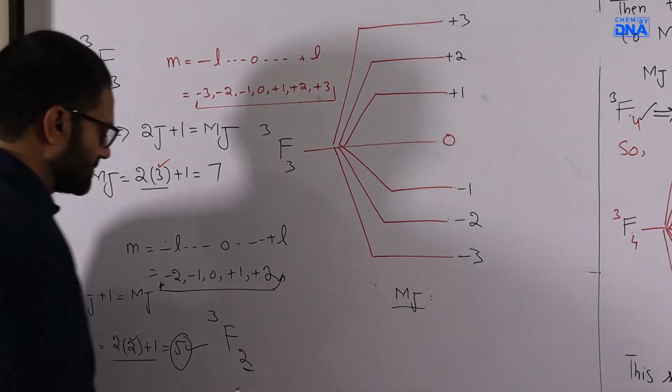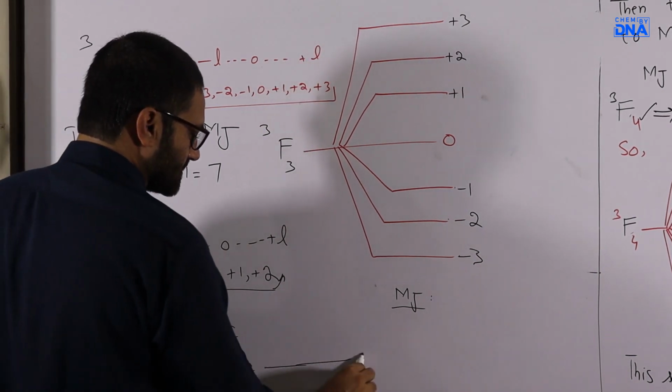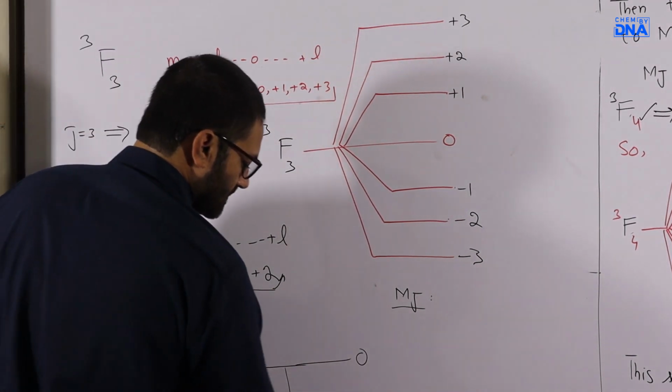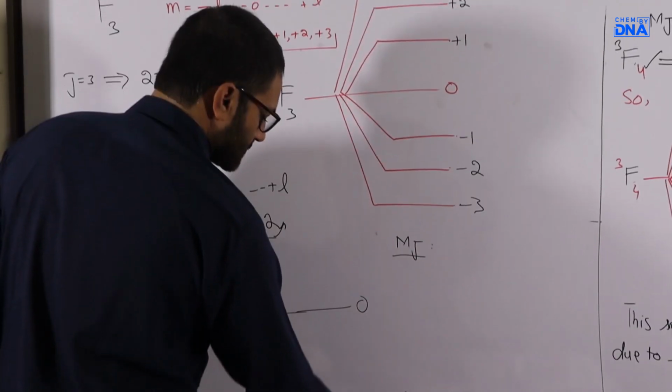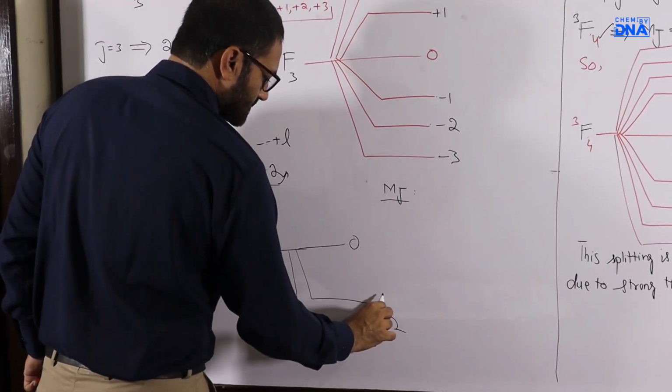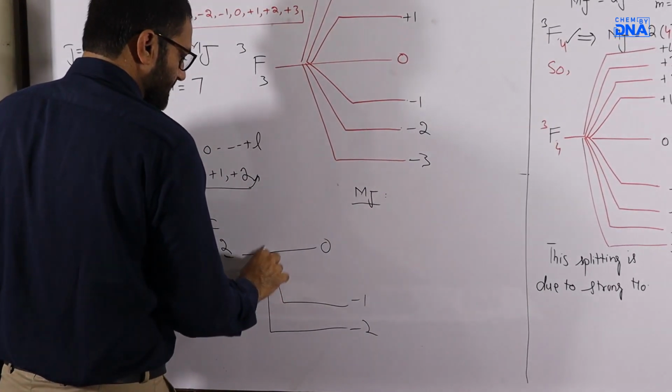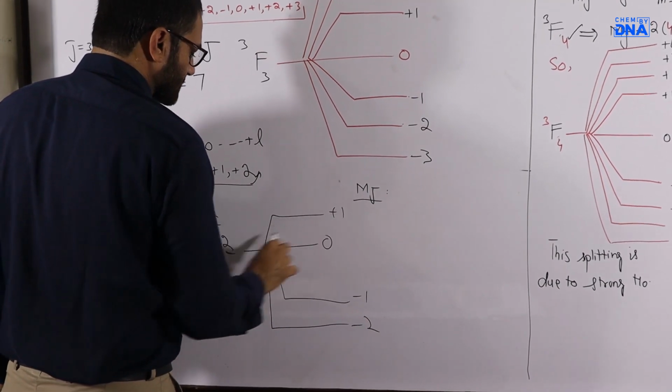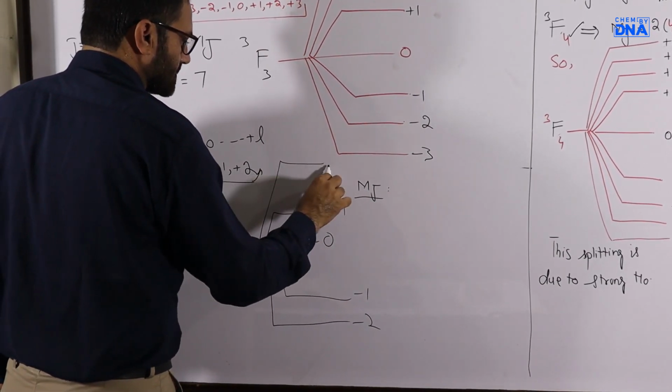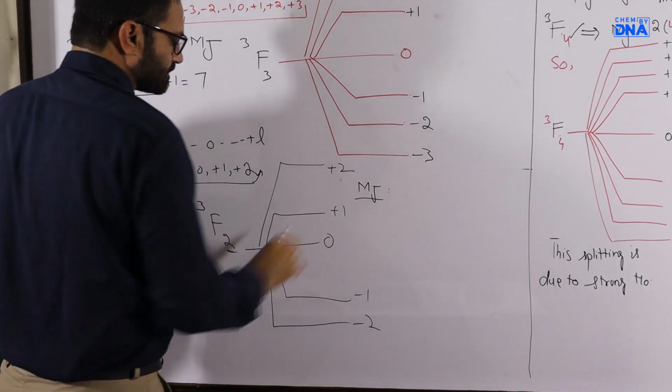Now I would like to draw over here, this is 0, this is minus 2, this is minus 1, here you get plus 1, and here you get plus 2.